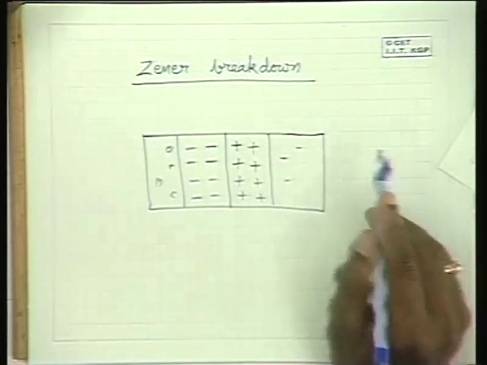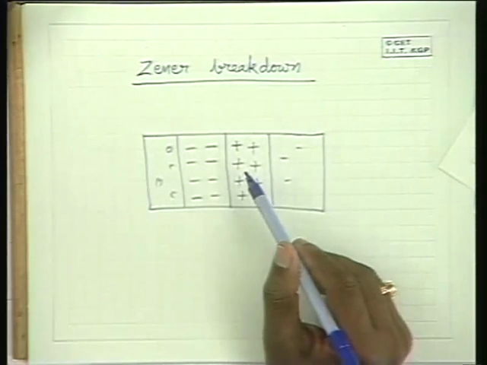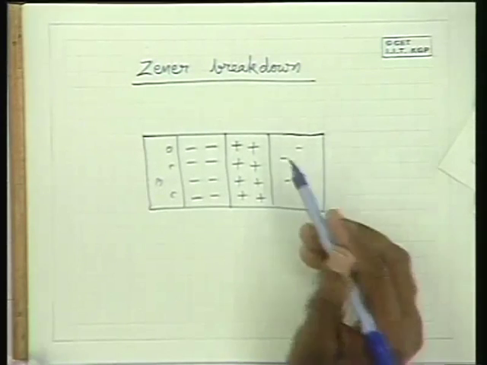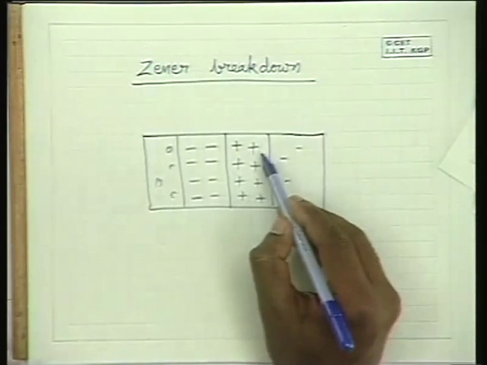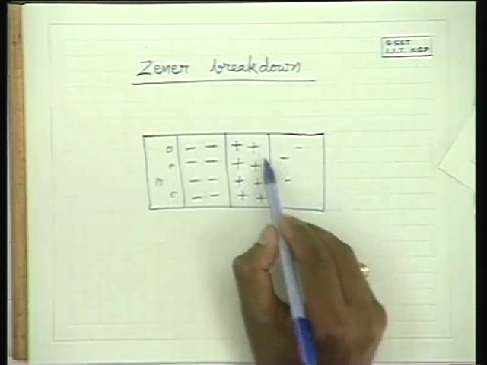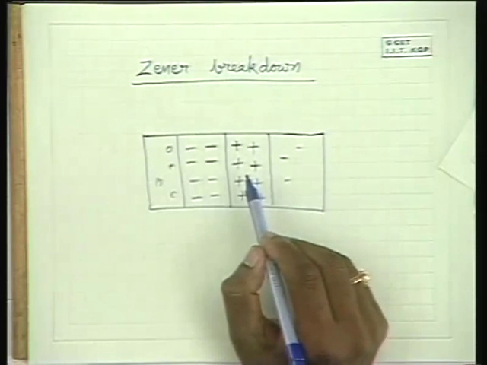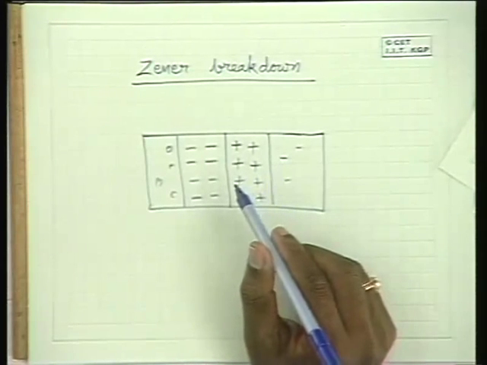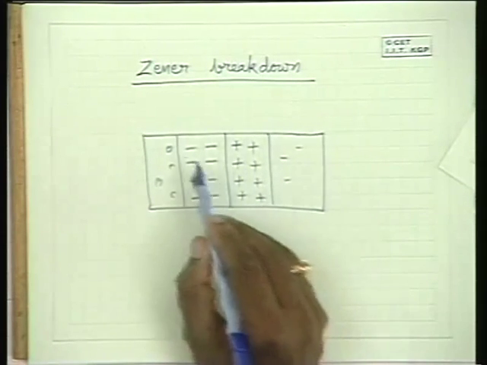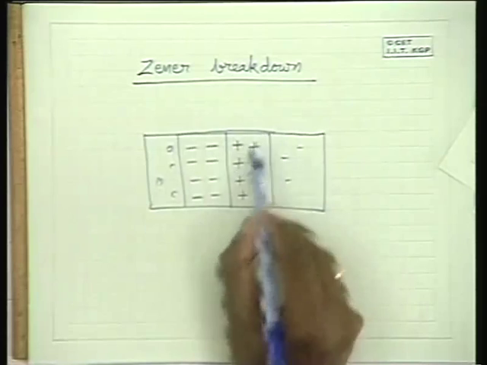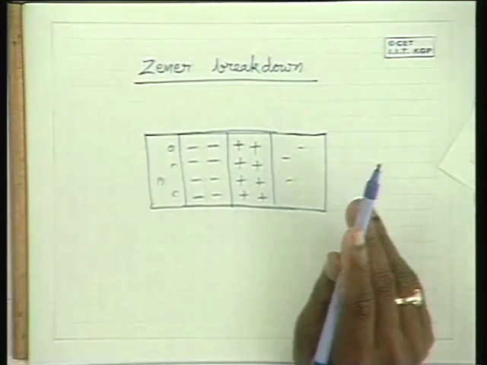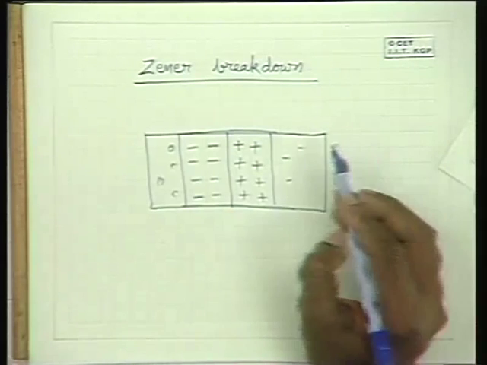Now when the junction is formed, they diffuse, so naturally the diffused charge would be very large, and when the diffused charge is very large, you have a huge amount of junction potential forming across the junction. And this junction potential causes avalanche breakdown as well, as I have already explained.